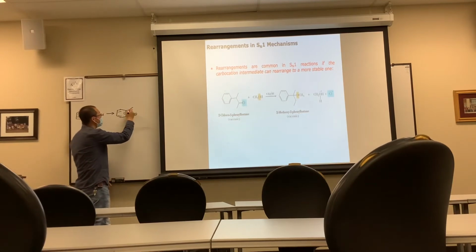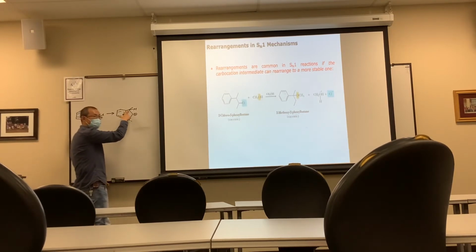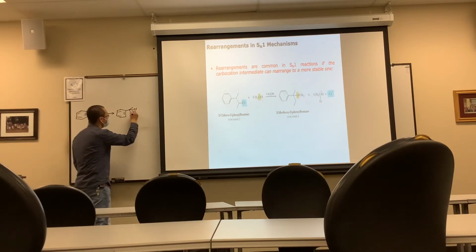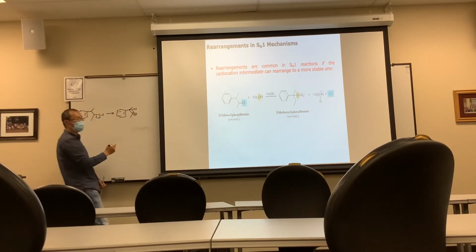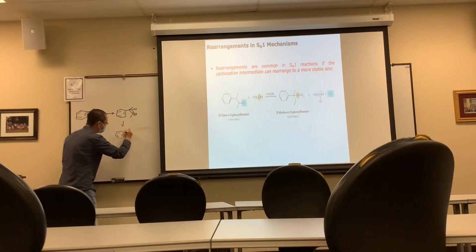And I need to have a way to change the carbocation to here. So what happens is a 1-2 shift. We have learned before, the hydrogen takes a pair of electrons to shift to this carbon to give you a more stable carbocation.